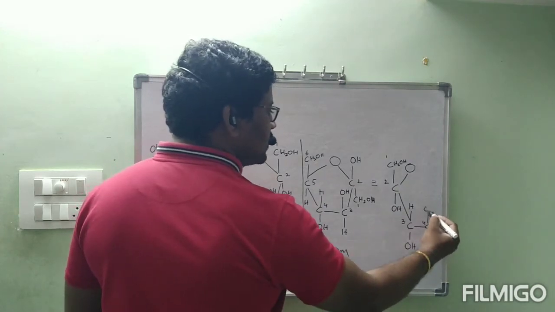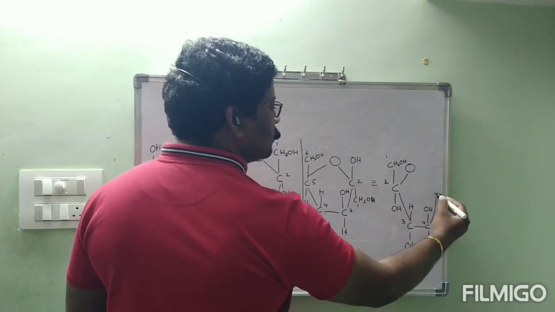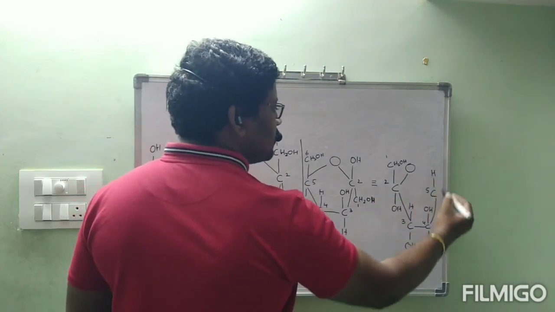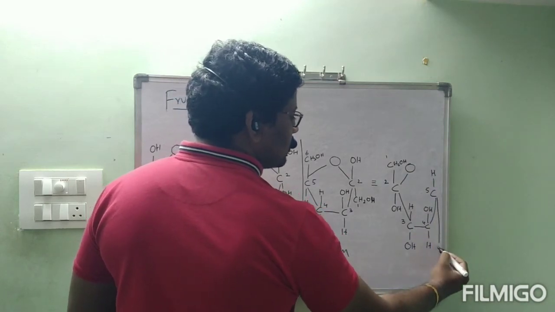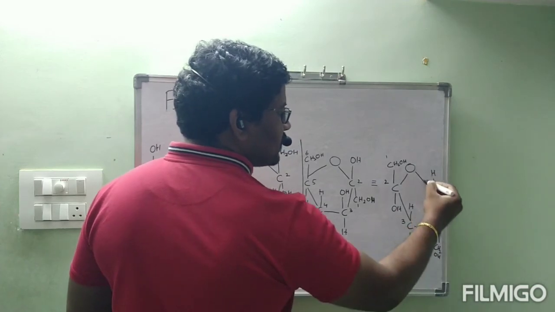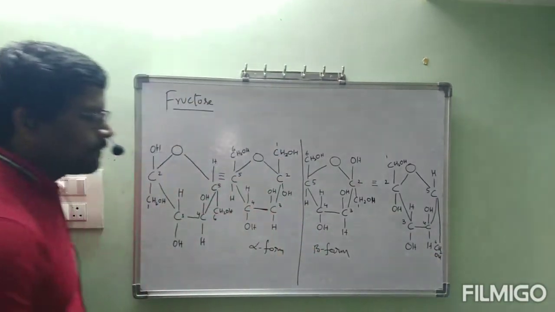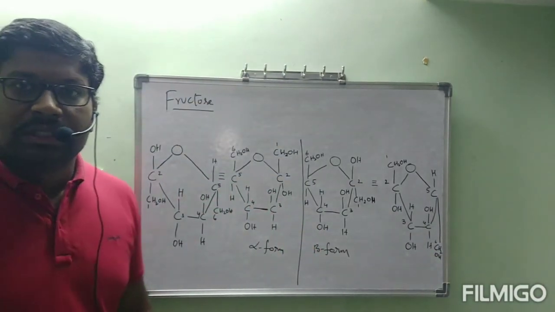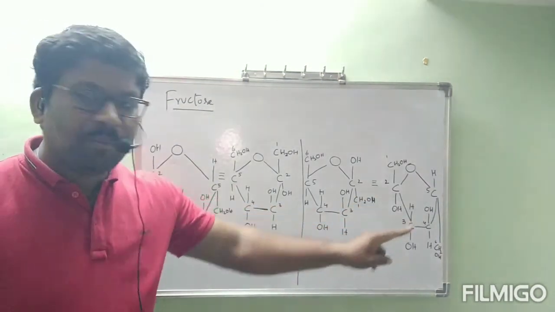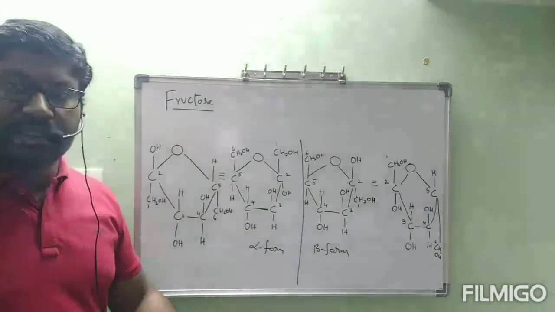Fourth carbon: OH above, H below. This fourth carbon is bonded to fifth carbon. Fifth carbon contains H above, CH2OH below. Okay, and this fifth carbon is bonded to oxygen. Here this is sixth carbon. So in this way or in this way, both representations are correct.